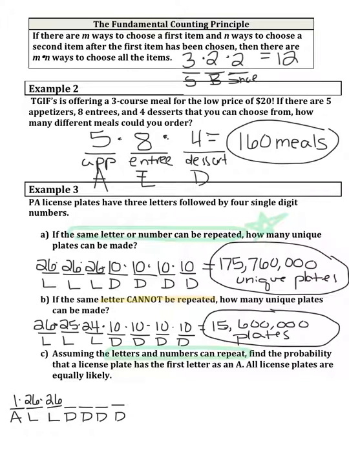The numbers can repeat as well, so I'm just going to put times 10, times 10, times 10, times 10. What am I finding right now? This is representing the number of license plates that have a letter A first. When you put that in your calculator, did you get 6,760,000? Now those are the plates with an A first.